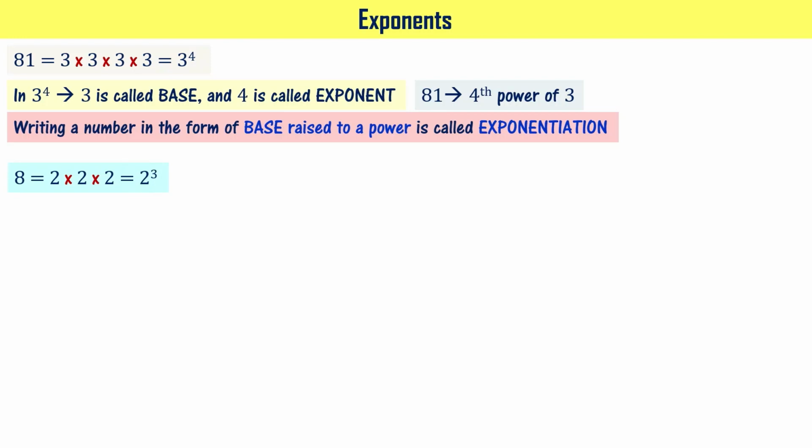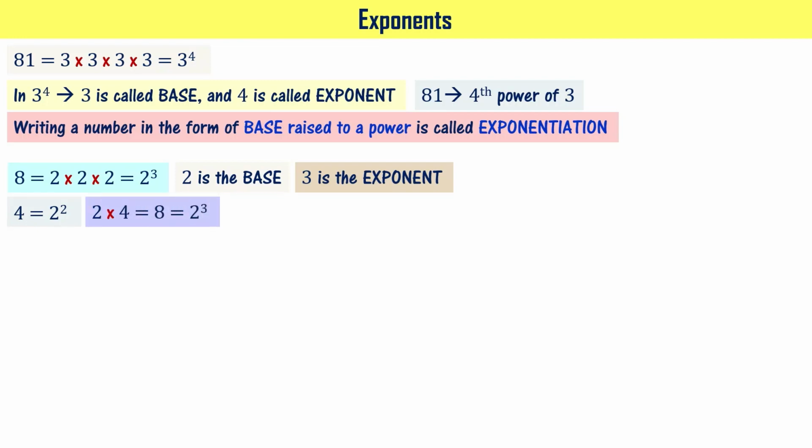8 can be written as 2 cube. In this particular case, 2 is base and 3 is the exponent, right? 4 can be written as 2 square, right? If I multiply 2 with 4, we know that is equal to 8 and that can be written as 2 cube. Please note this point. 2 times 4 can be written as 2 power 1 times 2 power 2, right?